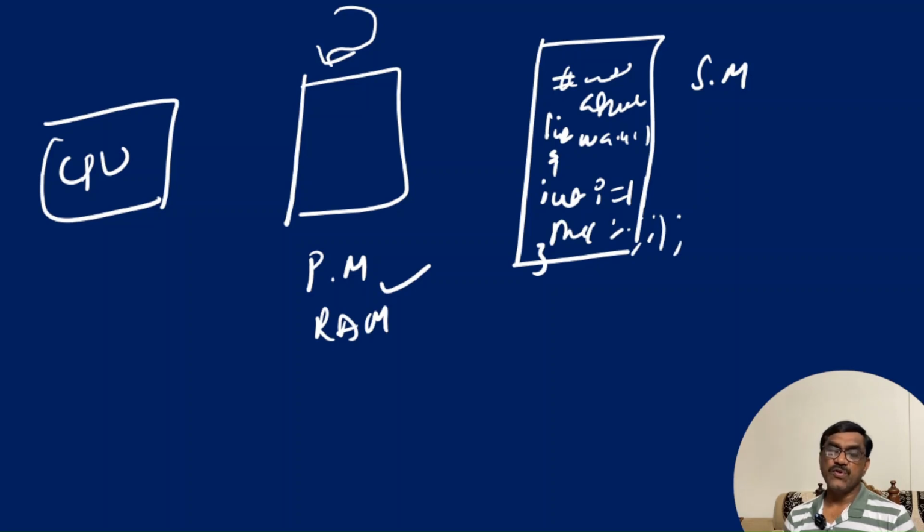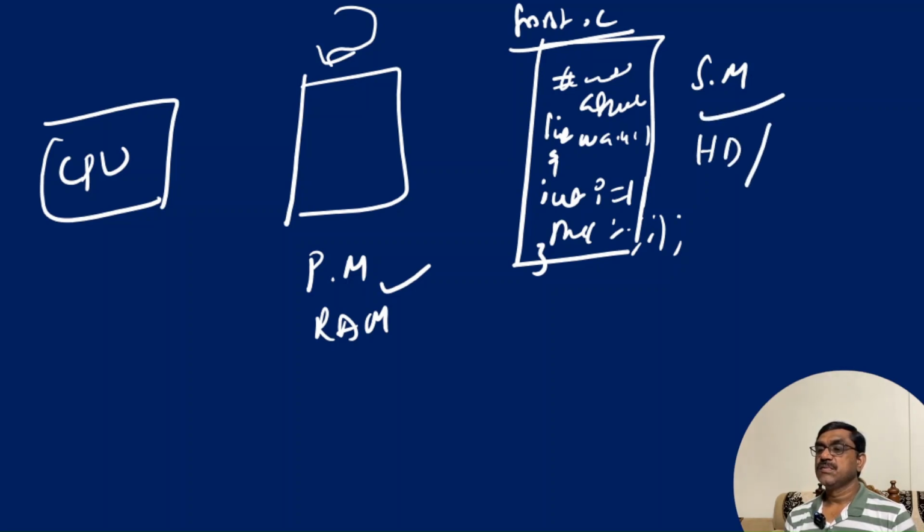This is a simple program you have written, and you have saved the program as first.c. All the saved programs are stored in secondary memory, or we can say hard drive, or we can say solid state drive, SSD. So this is the scenario when you save the program. The saved programs are stored in the secondary memory, right?